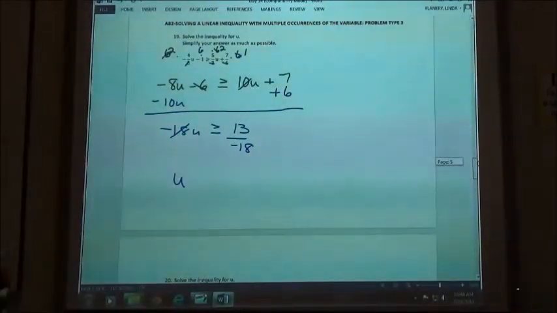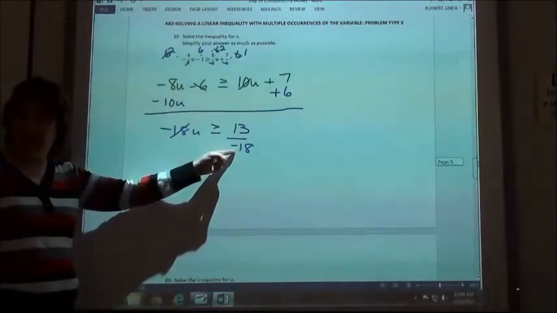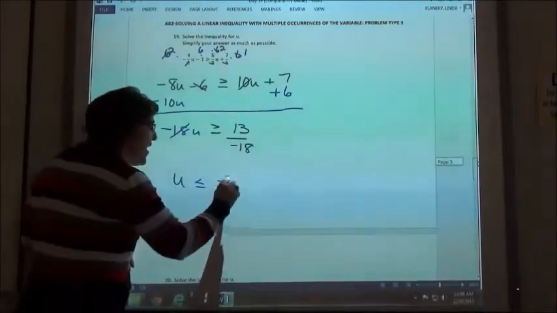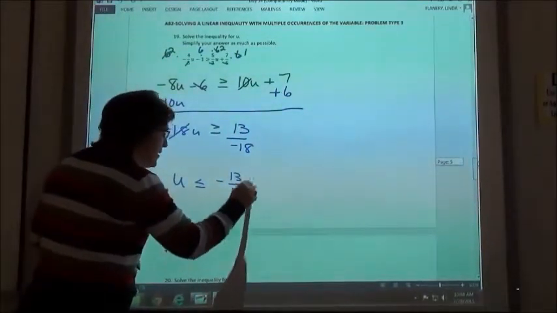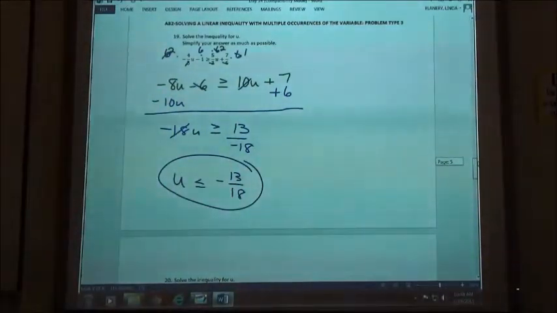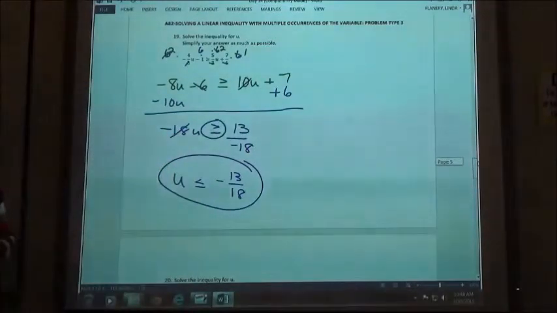Greater than or equal to. Nope. Well, you got to flip it. I have to flip it because this was negative, right? Yep. So less than or equal to, and I can't simplify that other than putting the negative in front. So u is less than or equal to negative 13/18. But yep, I got to flip my sign on that one because my number in front of my u was negative.